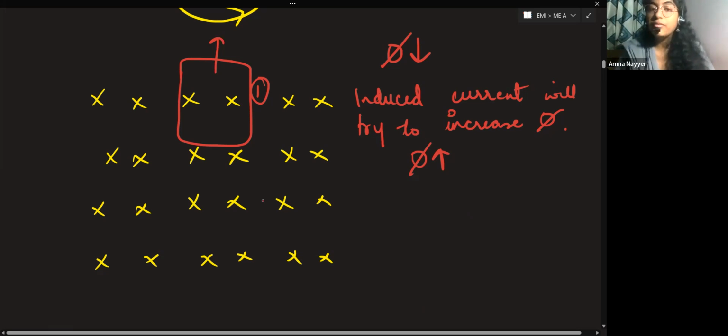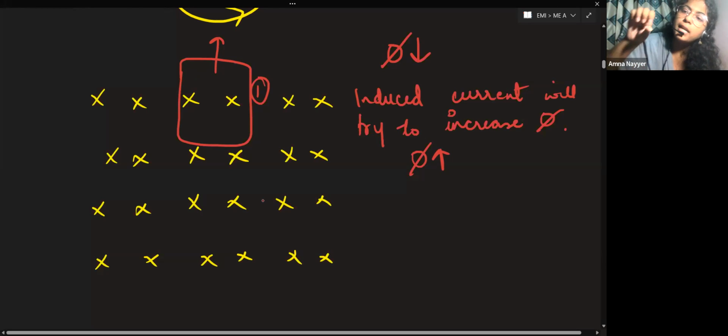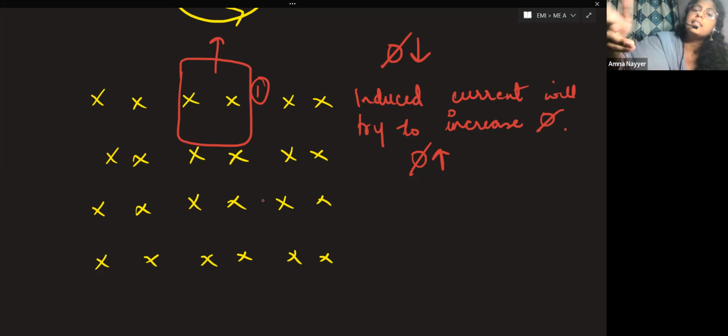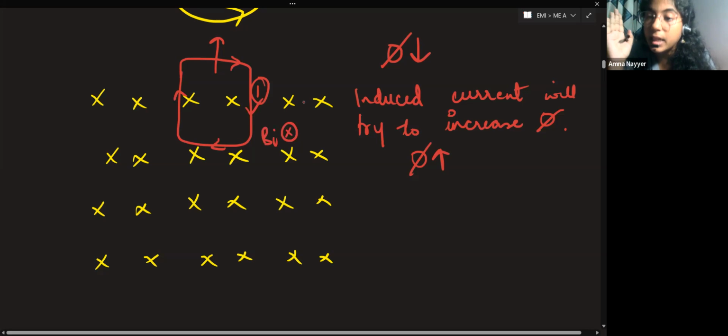The magnetic field lines are pointing into the page, and if I want to increase them, I will make the induced magnetic field lines also into the page. So I have kept my thumb like this. Now, what's the curvature of the fingers? It's clockwise. So this is the direction of the induced current, because the induced magnetic field is also inwards to increase it. Now the opposition has been done.